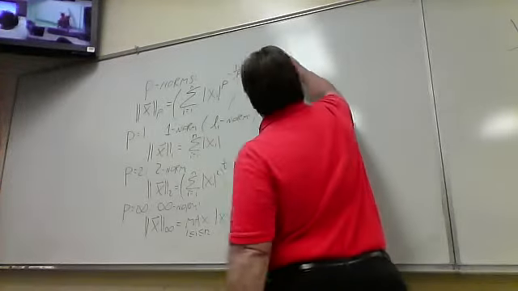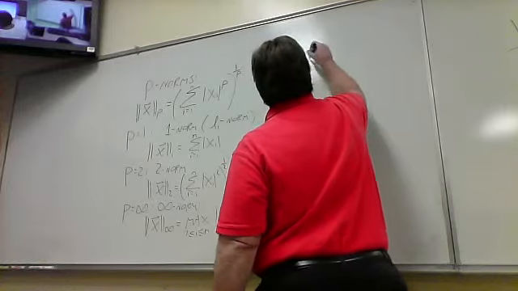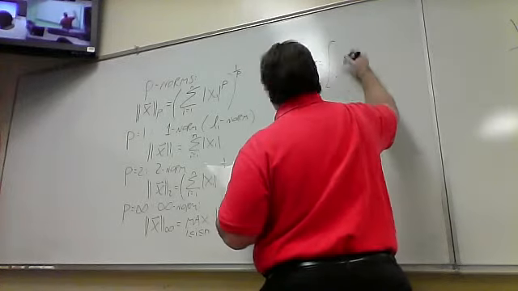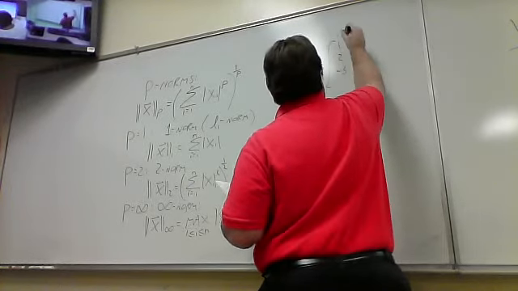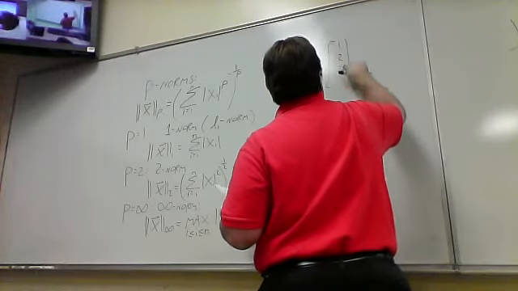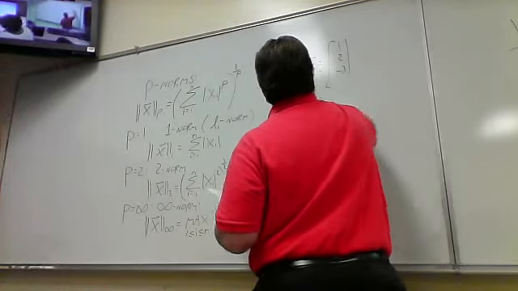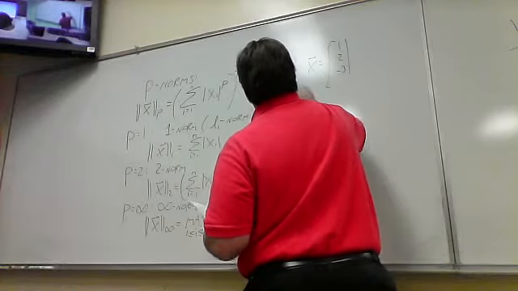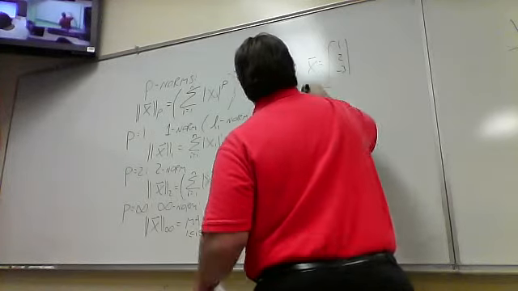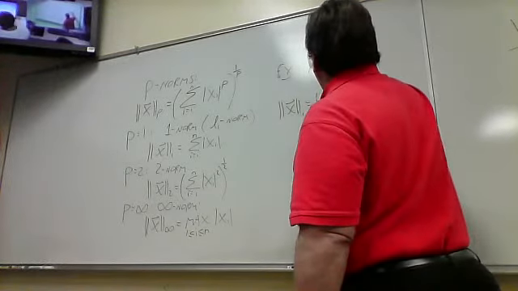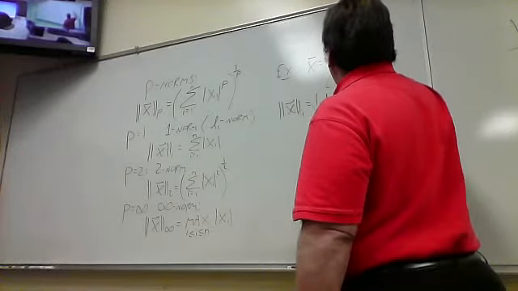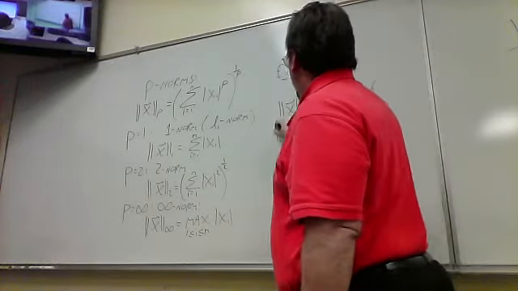Now, as an example, suppose x is the vector 1, 2, and minus 3. We go ahead and compute the norms. The 1 norm would be 1 plus 2 plus the absolute value of minus 3, so we get 6.